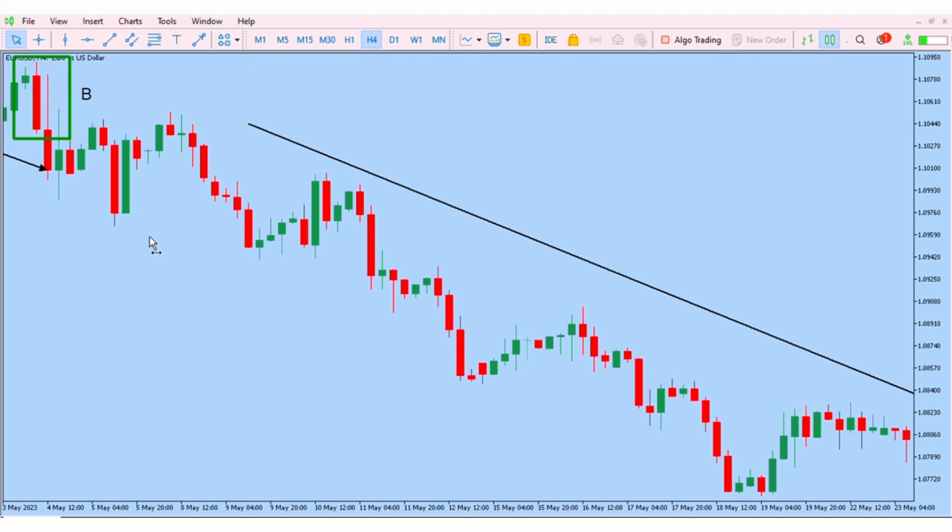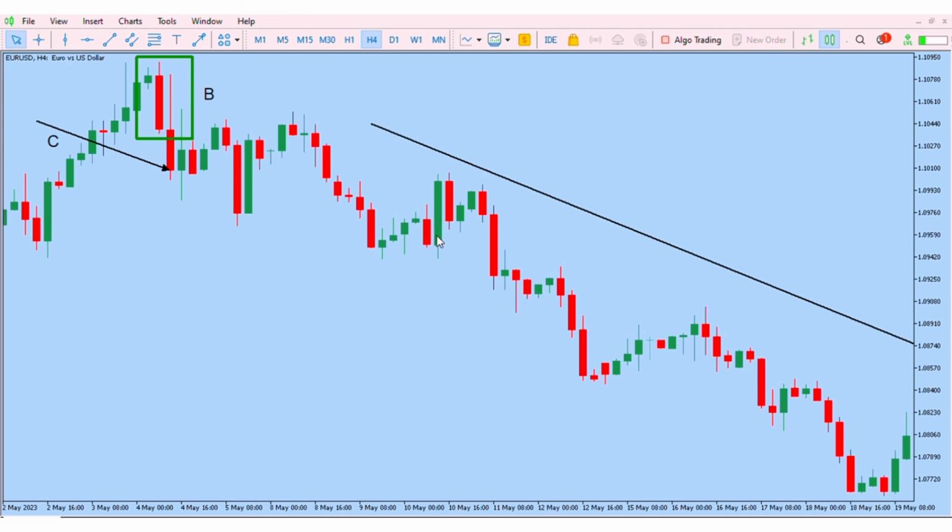Here is another engulfing pattern, and it's another good entry opportunity for you to be part of the huge pips movement in the market. Sell at the close of this engulfing pattern, or this point.